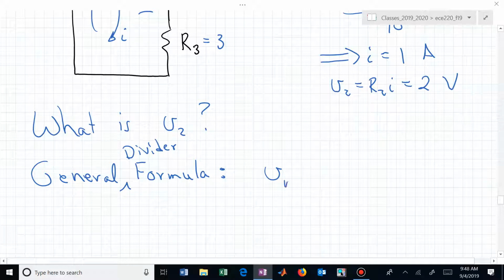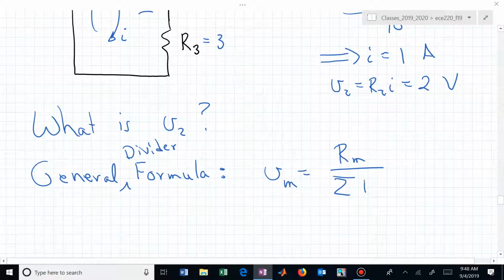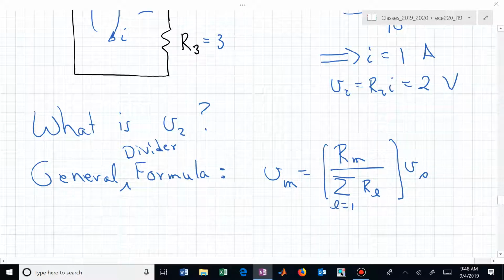V sub m is now going to be R sub m over the sum of all of these R sub l's times V sub s, where this L is going from 1 to, in this case, 3.